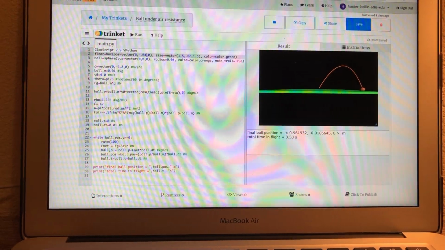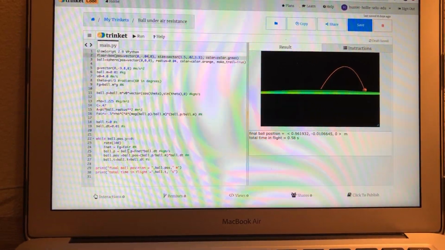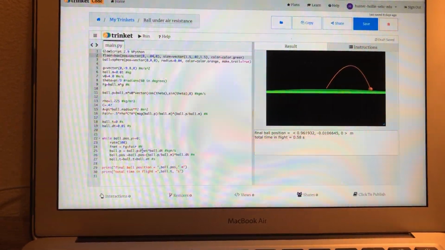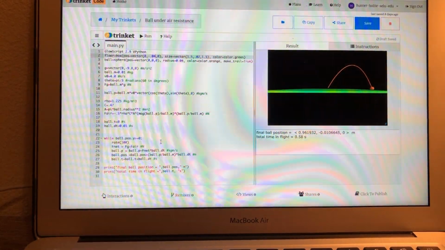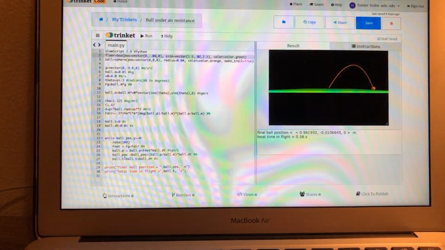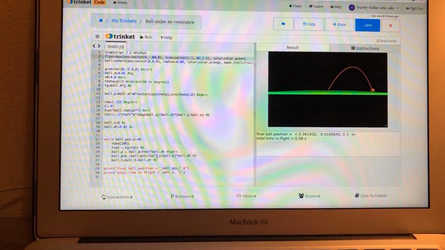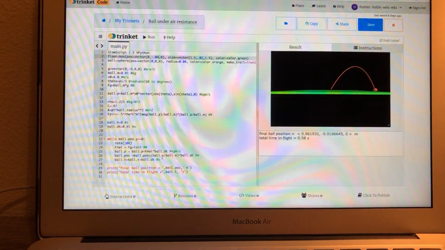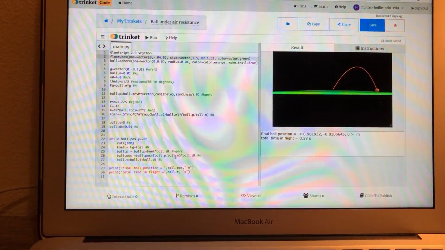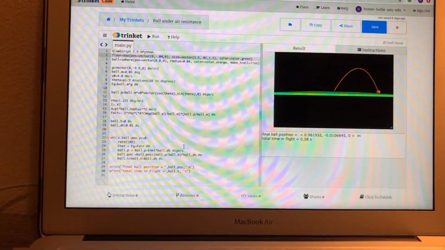And the momentum is going to be the initial momentum plus the net force times the time step. And the position is going to be the position plus the momentum over the mass, which is sufficient for velocity, times the time step again.